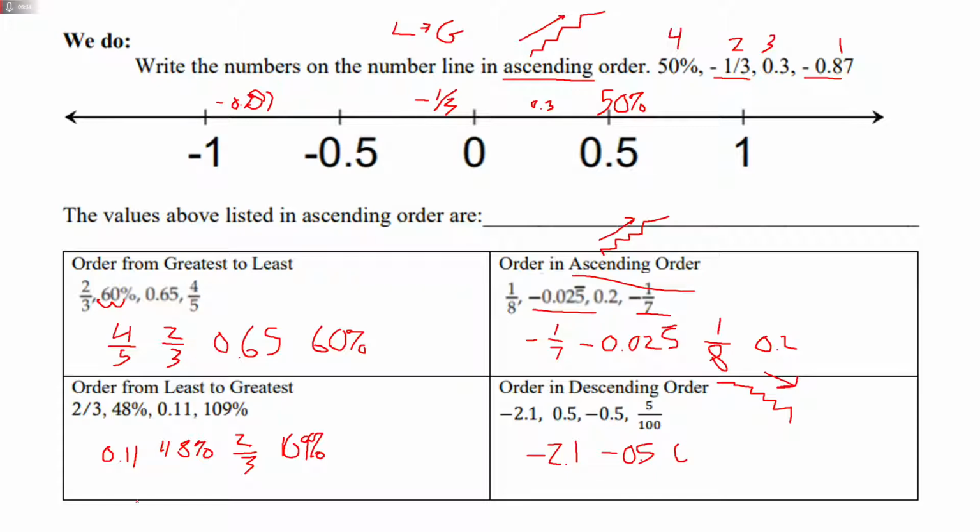And then I've got, actually I made a little bit of a mistake. So it looks like I've got 0.5, which is 50%, and I have 5 hundredths, which anything out of 100 is my percent there. So 5 out of 100 is really 5%, which is the smaller number here. And then finally I have that 0.5.